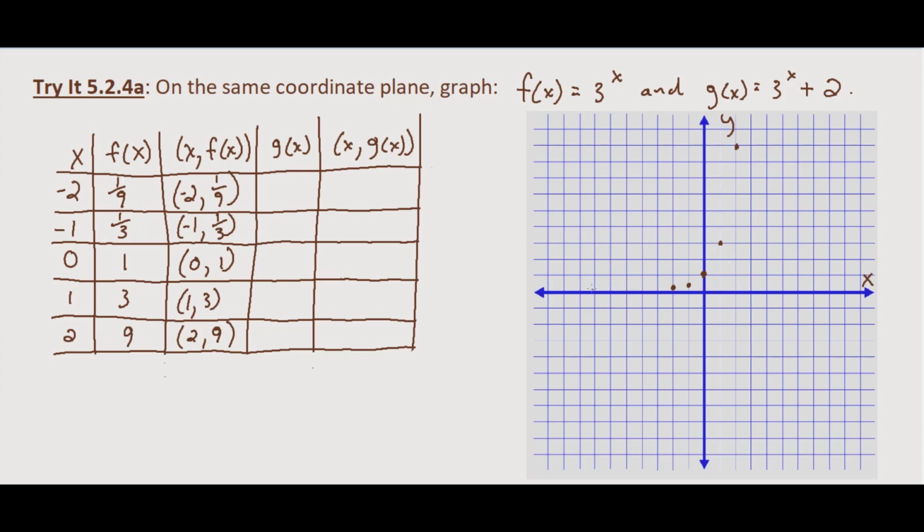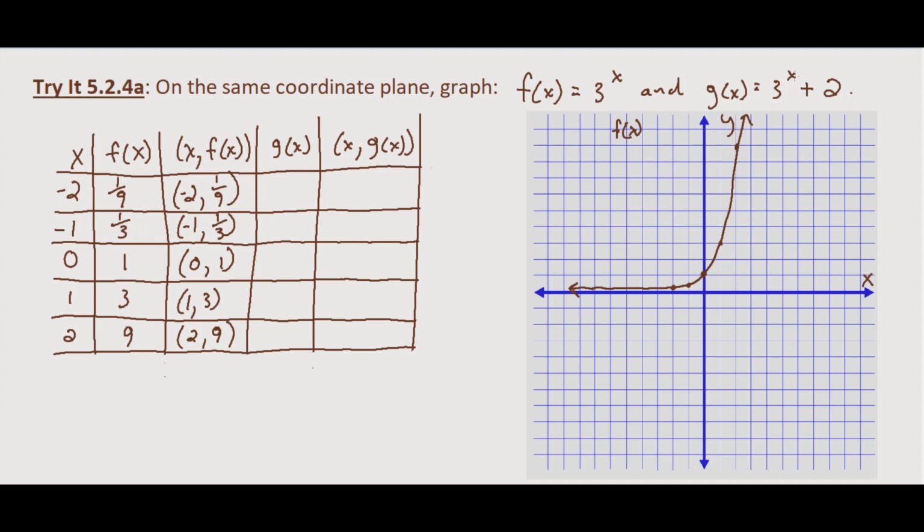Which gives us this curve. Typical fashion with no shifts, passes through the point 0, 1 for our y-intercept. In the negative direction, x approaches the x-axis, and in the positive direction, it goes to infinity.